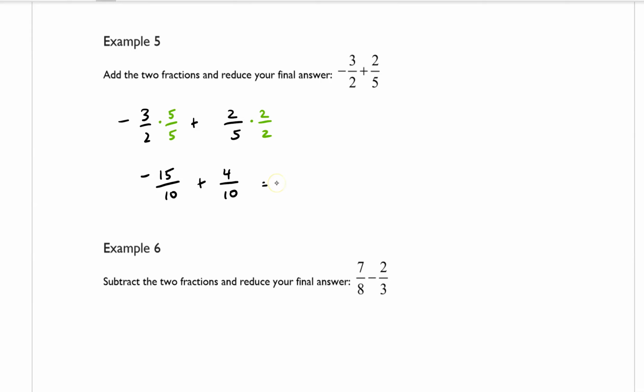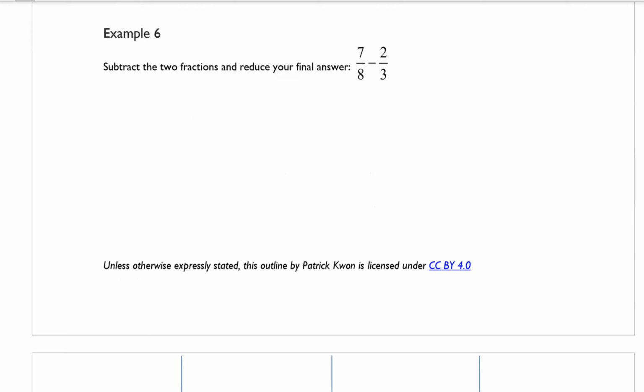And our final answer will have a denominator of 10, and then our numerator would be negative 15 plus 4, which is negative 11 over 10. And that is our final answer, and it is reduced because 11 is a prime number and 10 only factorizes into 5 times 2, so we can't reduce that any further, and negative 11 over 10 will be our final answer.